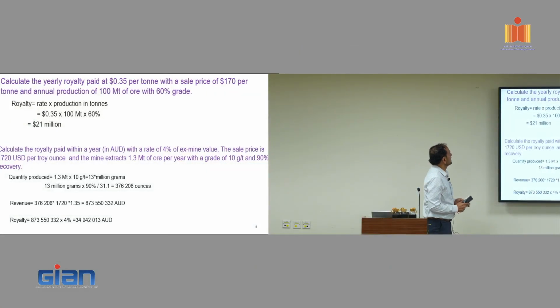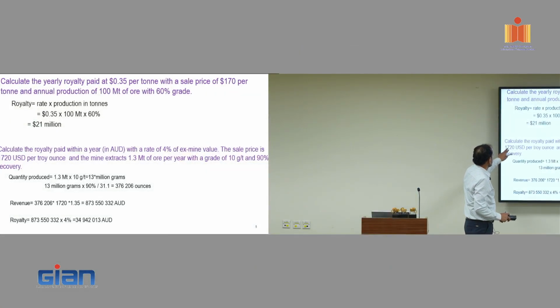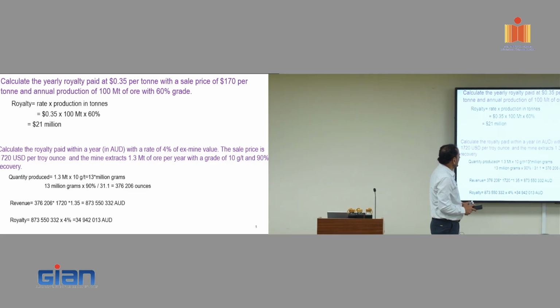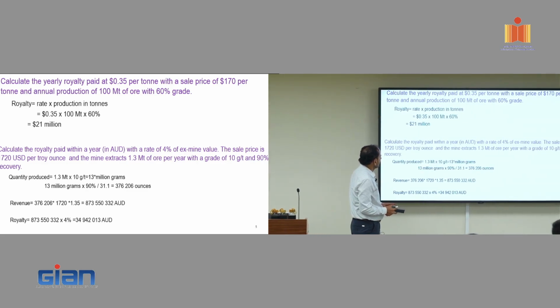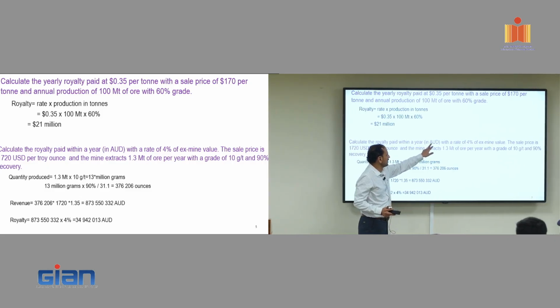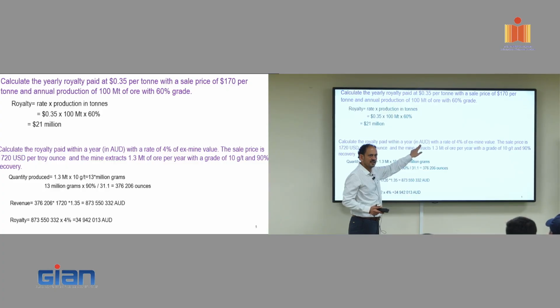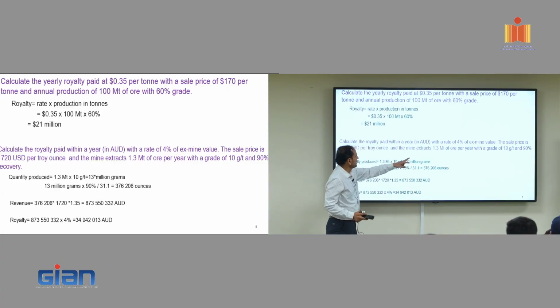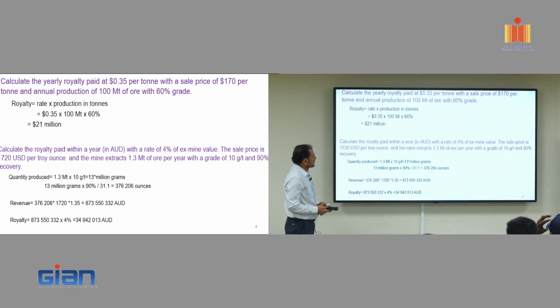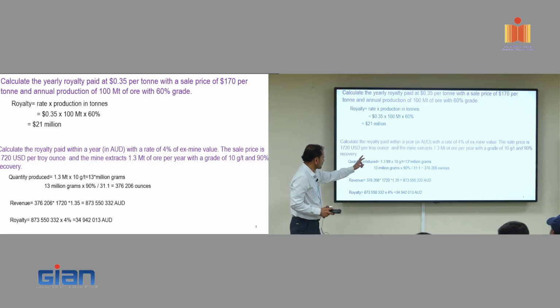Here is another example. Calculate the royalty paid within a year in AUD, meaning Australian dollars. How do you write US? USD, right? With a rate of 4% times mine value, the sale price is 1,720 USD per troy ounce.